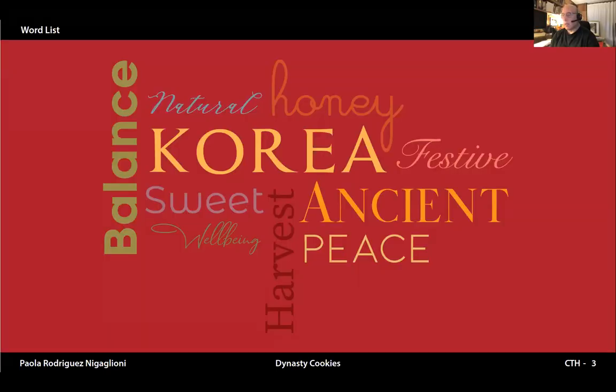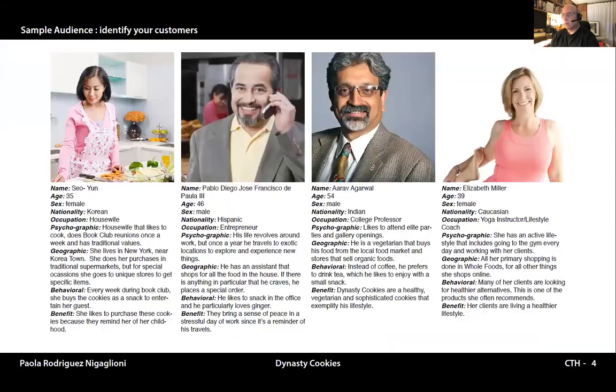Then you're going to create a little piece of word art out of the 10 words from the creative brief. You're going to go into your target audience more deeply with what we call personas, and these are fleshed out real people that would use the product. And this includes basic information about them.